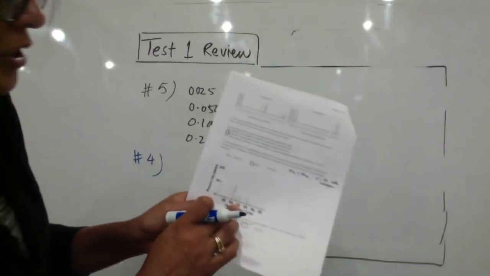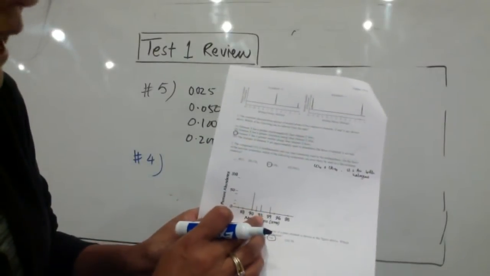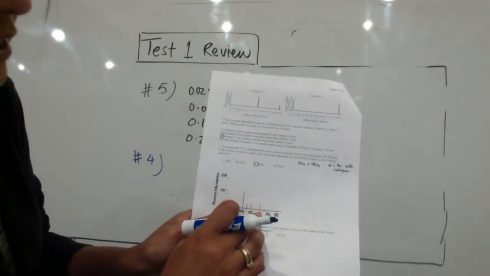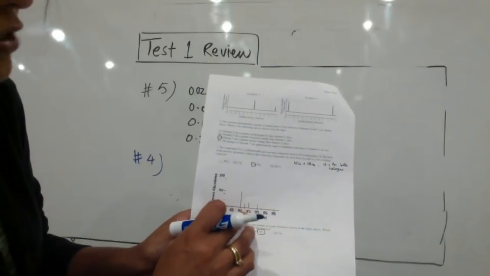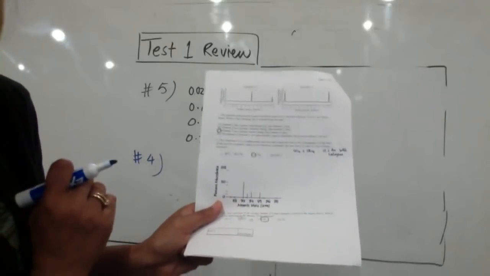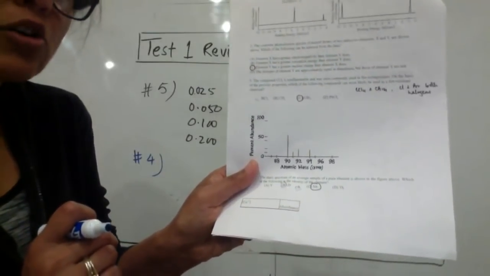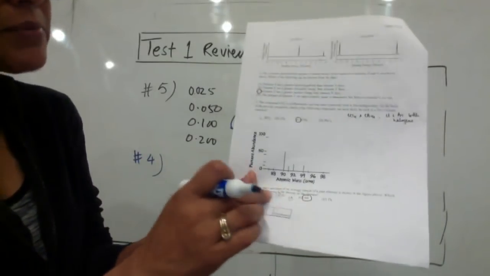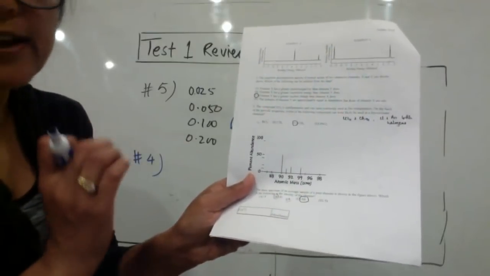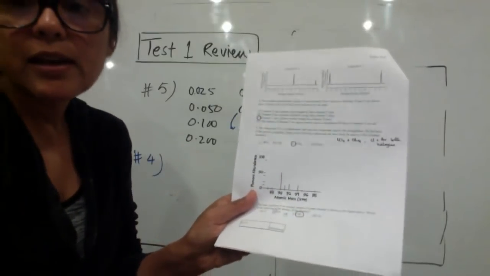So will this be closer to 92 or 91? I picked 92 because if there is a 94 and a 92, the average will be closer to 92 versus 91. But because this is a non-calculator section and you are almost guesstimating, I will accept either of those two answers. But the correct answer is C and B.